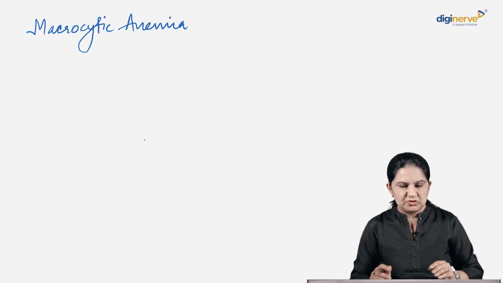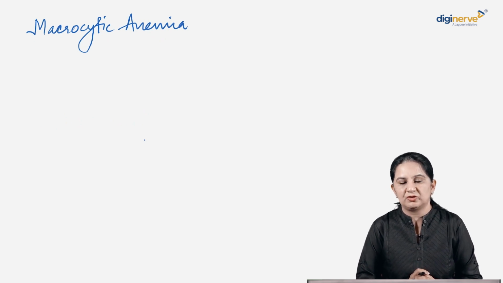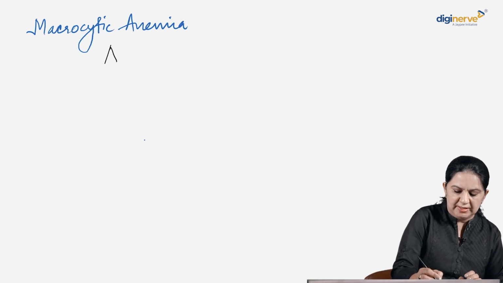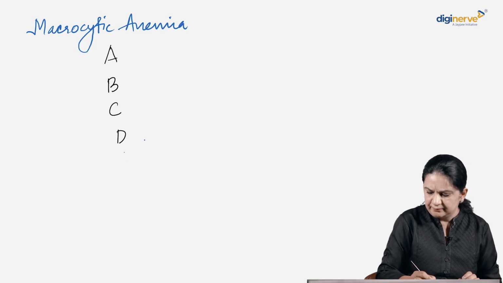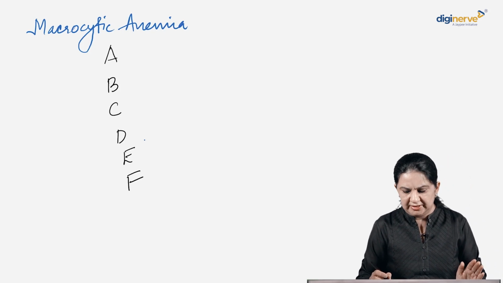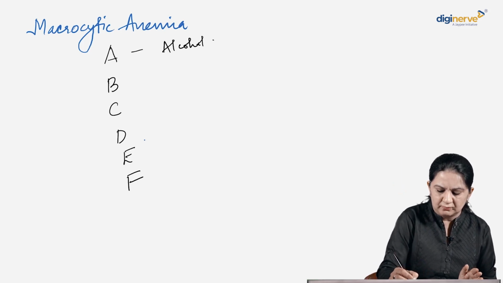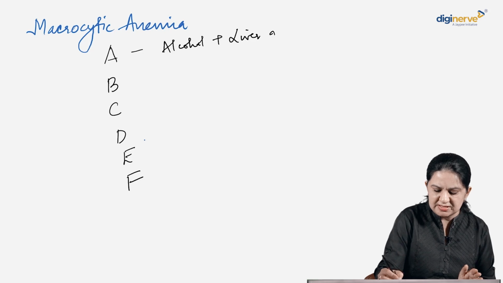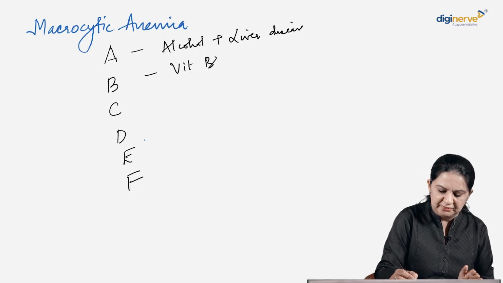All right. So just now we studied that vitamin B12 and folate deficiency cause macrocytic anemia. Can you name other disorders that can also cause macrocytic anemia? Please remember A, B, C, D, E, F. Please remember this mnemonic for macrocytic anemia. A is for alcohol plus any liver disease. B, we already studied, vitamin B12 deficiency.